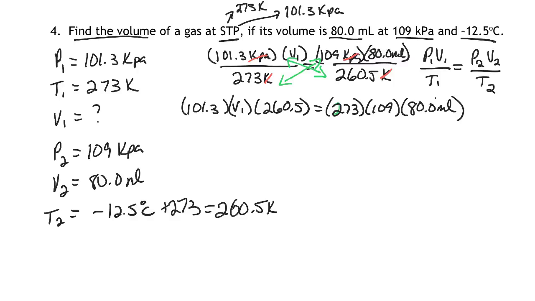In order to get the 101.3 to cancel out, I'm going to need to divide this side by 101.3, which means I'm going to need to divide this side by 101.3. In order to get this to go away, so I've taken care of that one. Now I need to divide this by 260.5. Now this one will cancel out.